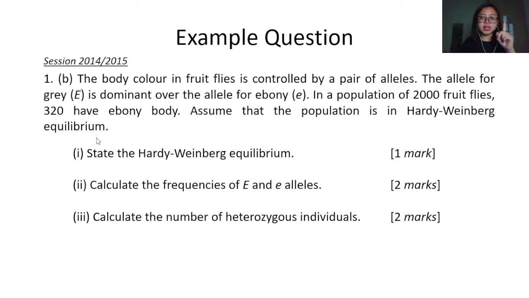You need to first state the Hardy-Weinberg equilibrium, 1 mark for this question. Second, calculate the frequencies of big E and small e alleles, 2 marks. And third, calculate the number of heterozygous individuals, which is also 2 marks. Okay? Daripada ayat-ayat dalam soalan ini, kita perlu keluarkan maklumat dan jawab soalan.